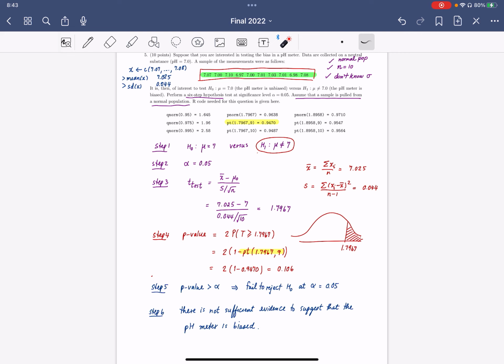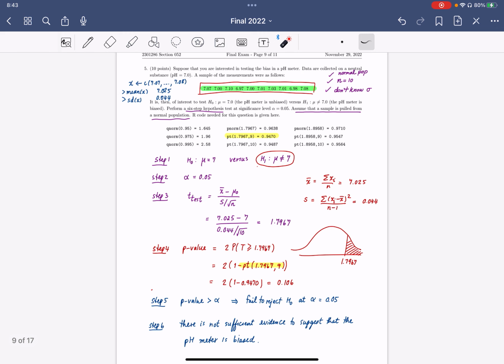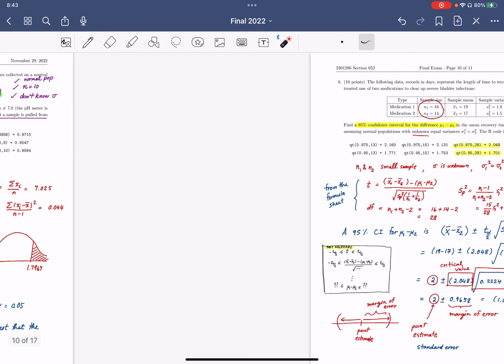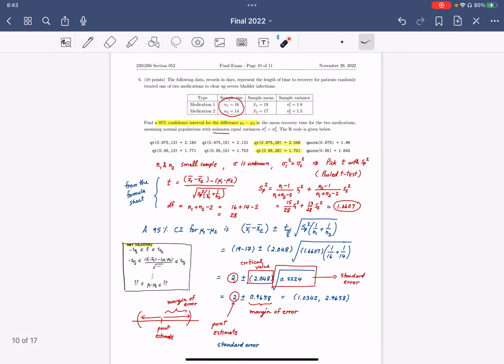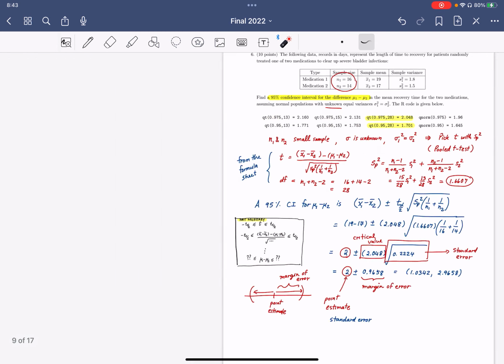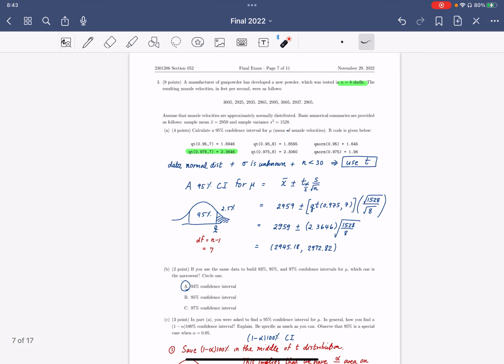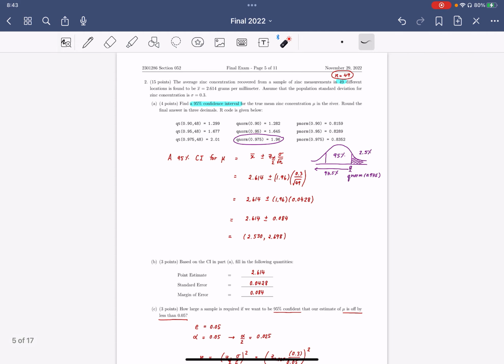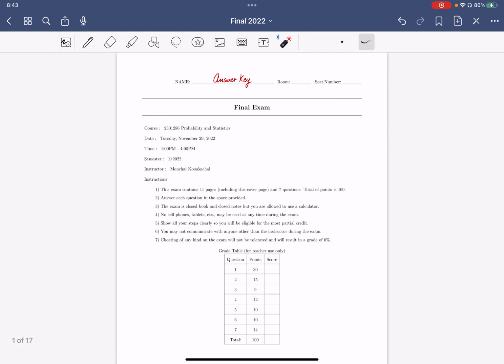This is the final exam from last year, the one that we haven't done in class, so we just did it here. Questions 6 and 7 we already did in class. I'm going to post a solution for last year's final exam, but make sure you study the regression and chi-square as well, because the content for the exam this year is going to be a little bit heavier compared to last year.